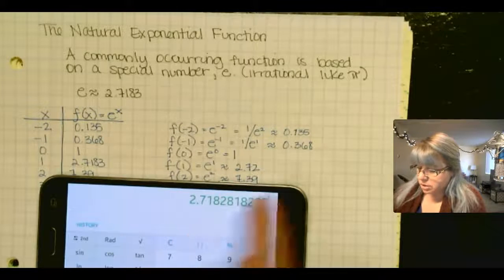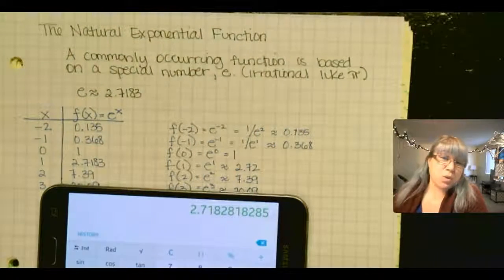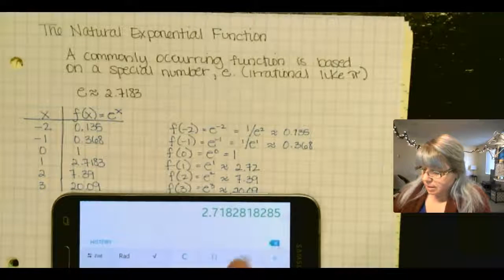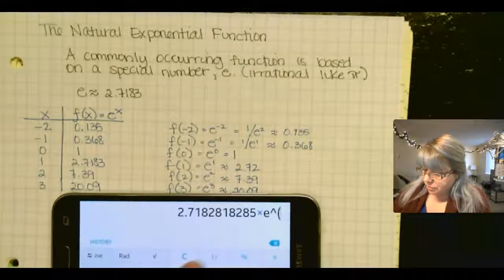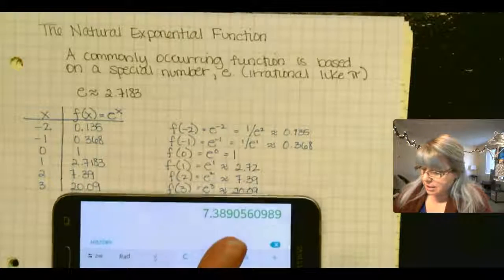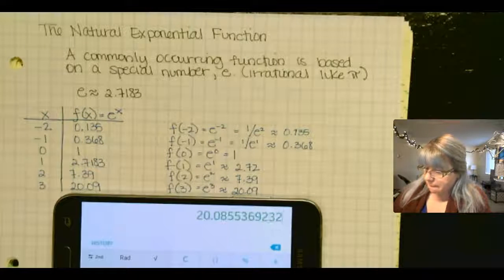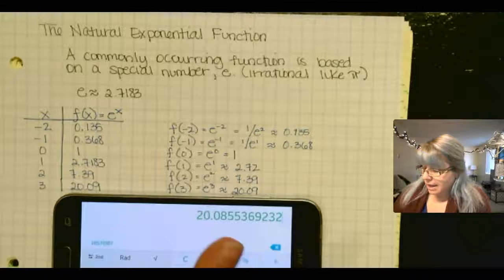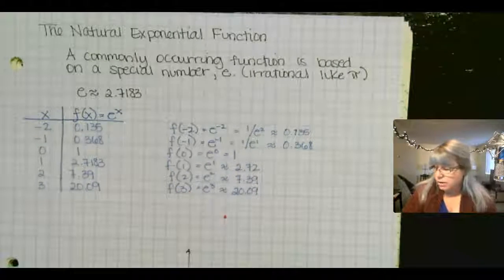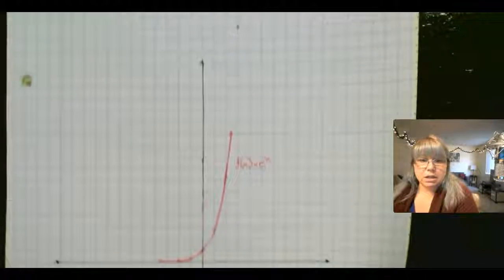There we go. e squared is going to be about 7.39, and e cubed is 20.085, so let's round it to 20.09. I can't graph the decimals, so I just need it close enough.